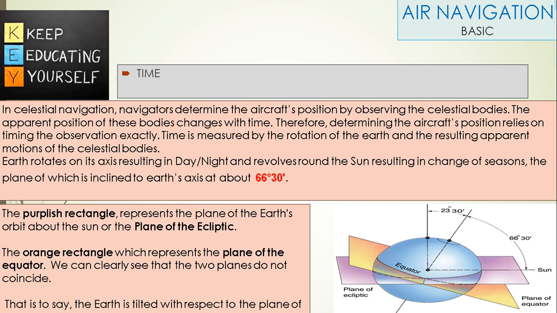Time is measured by rotation of the Earth and the resultant apparent motions of the celestial bodies. Earth rotates on its axis, which results in day and night, and revolves around the sun, resulting in changes of seasons. The plane of the equator is inclined to the Earth's orbit at about 66 degrees and 30 minutes.